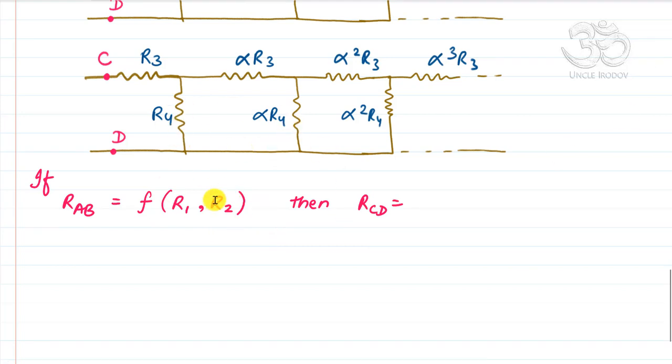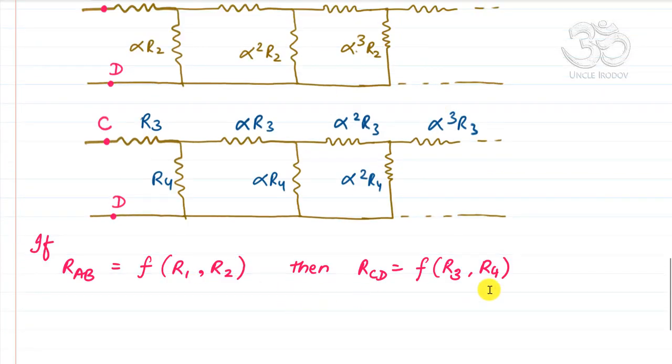It will be the same format, the entire form of that expression will be the same, but wherever in that expression I had R1, I will insert R3, and wherever I had R2, I will insert R4. So RCD will be a function of R3 and R4 with the same format. Wherever I had R1 in this equation, I will substitute R3, and wherever I had R2, I will substitute R4.